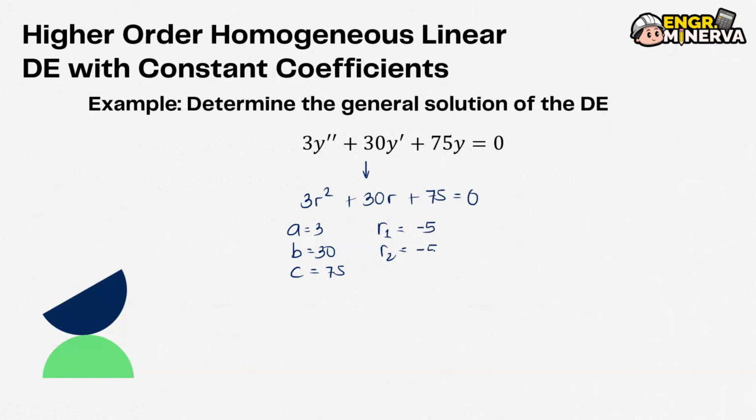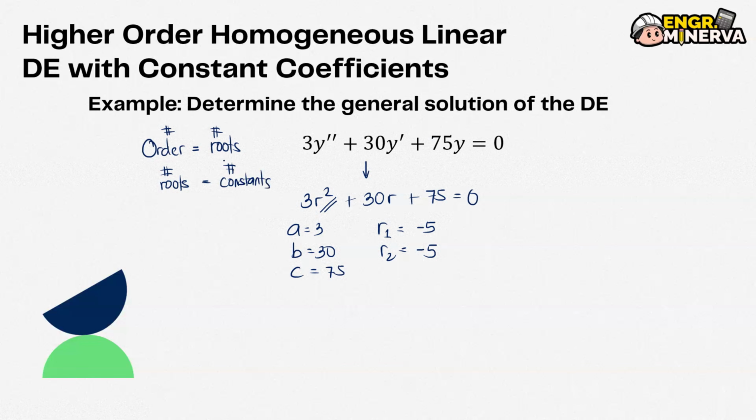Just put one root as the base. Take note, the order is equal to the number of roots, and the number of roots is equal to the number of constants in the answer.